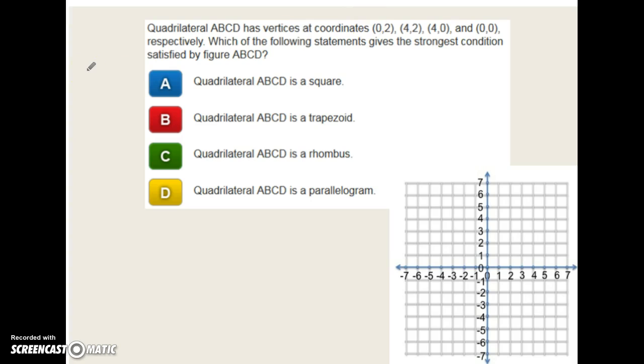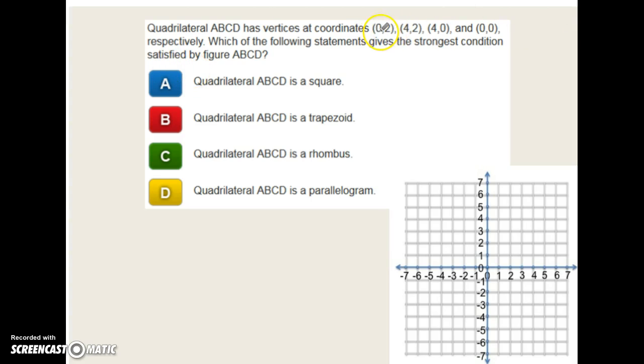Another similar example: quadrilateral ABCD has vertices at coordinates (0, 2), (4, 2), (4, 0), and (0, 0), respectively. Which of the following statements gives the strongest condition satisfied by figure ABCD?